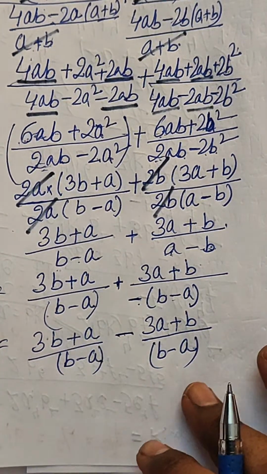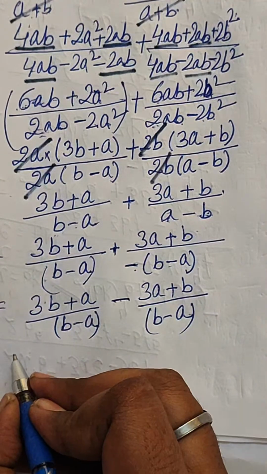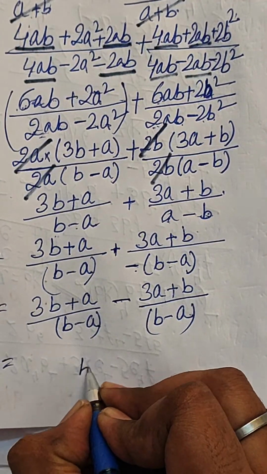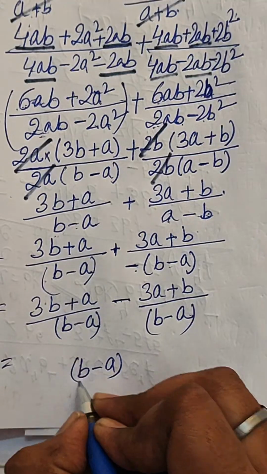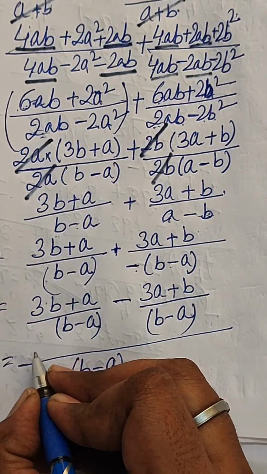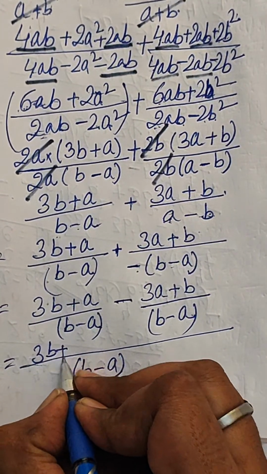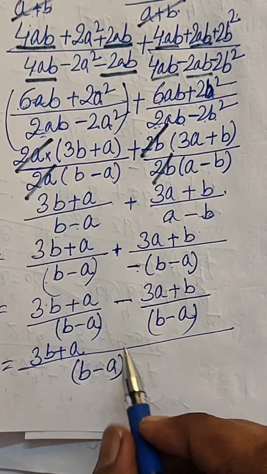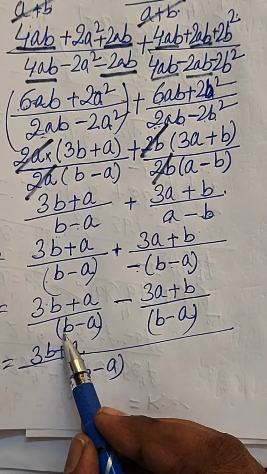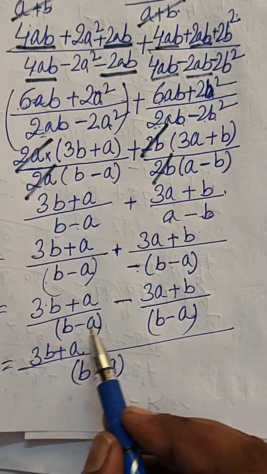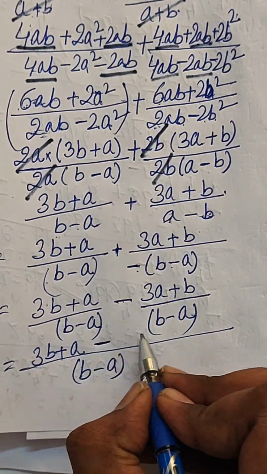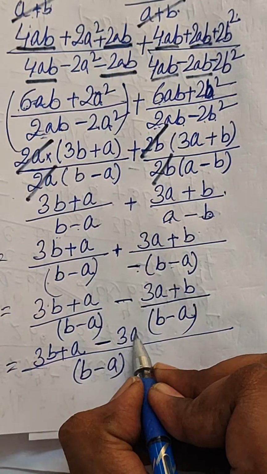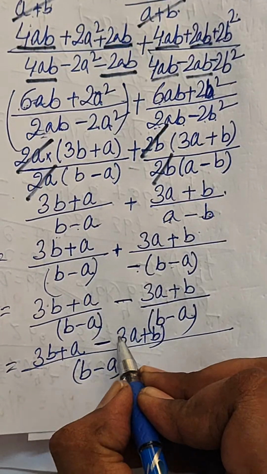When b minus a is taken as an LCM, we have 3b plus a as it is, because b minus a is already present in the denominator, and minus times 3a plus b.